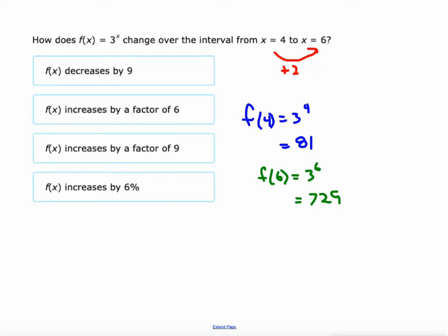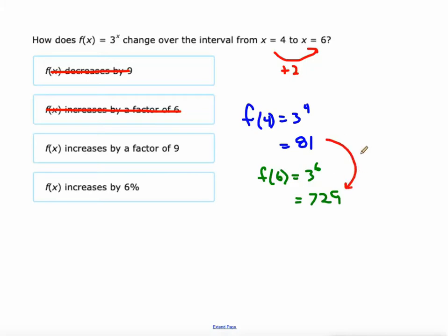So what happened here? It definitely didn't decrease. Did it increase by a factor of 6? 81 times 6 is 486, not 729, so it didn't do that. Did it increase by a factor of 9? 81 times 9 is 729.